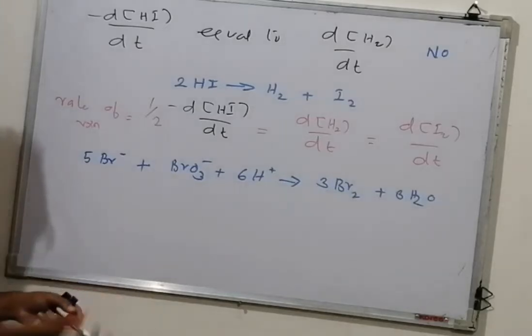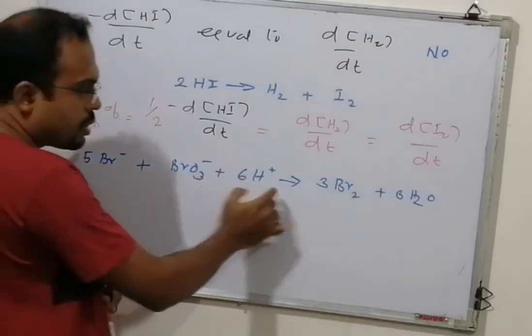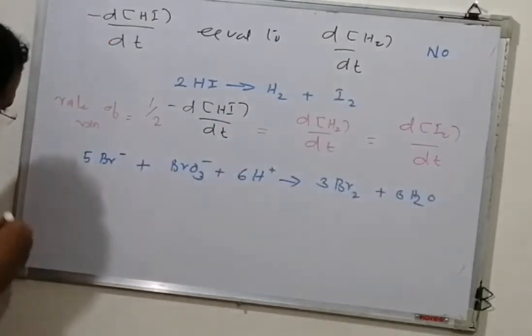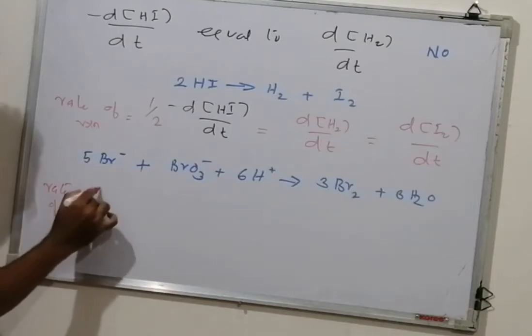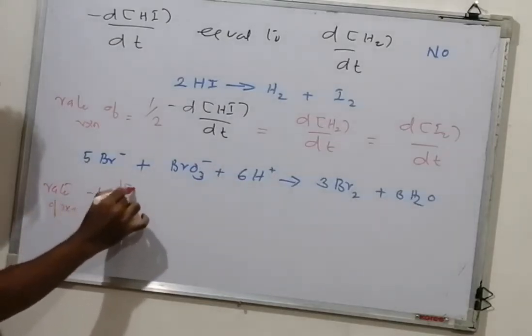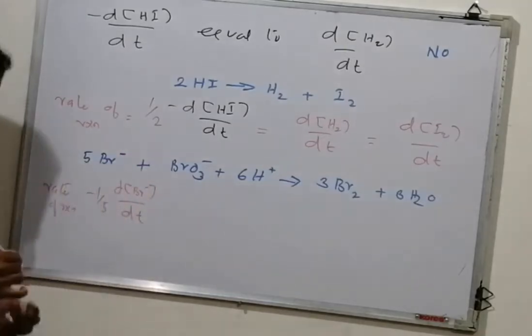Yes, you have 5 participants. Their rates are different from each other. But what is the rate of reaction? Rate of reaction equals minus 1 by 5 d[Br minus] by dt. You know, minus 1 by 5? Yes, quite.